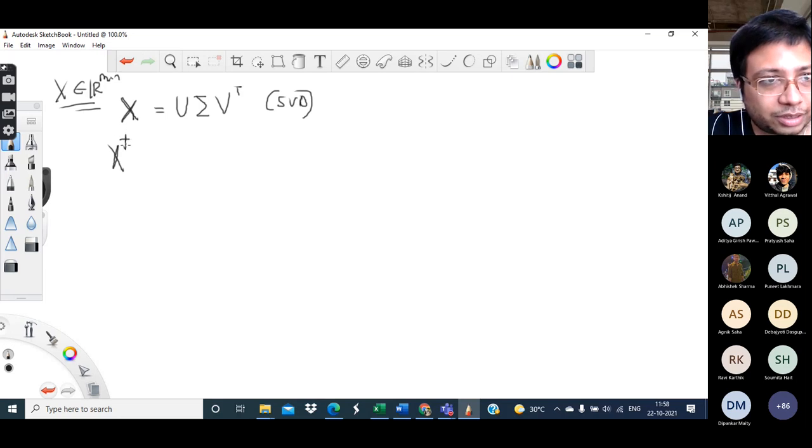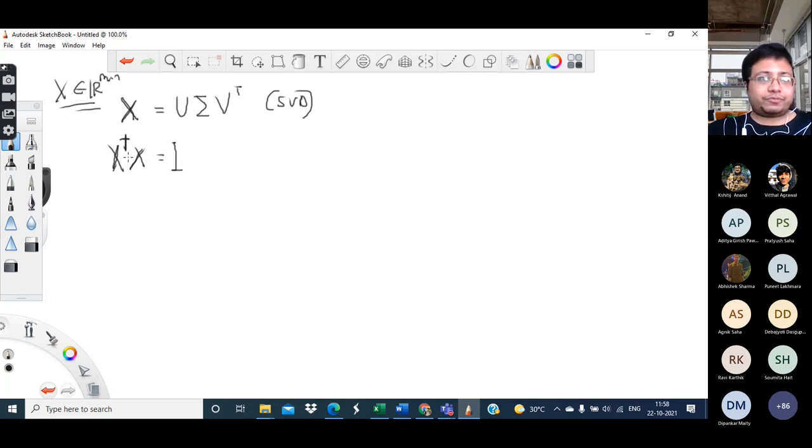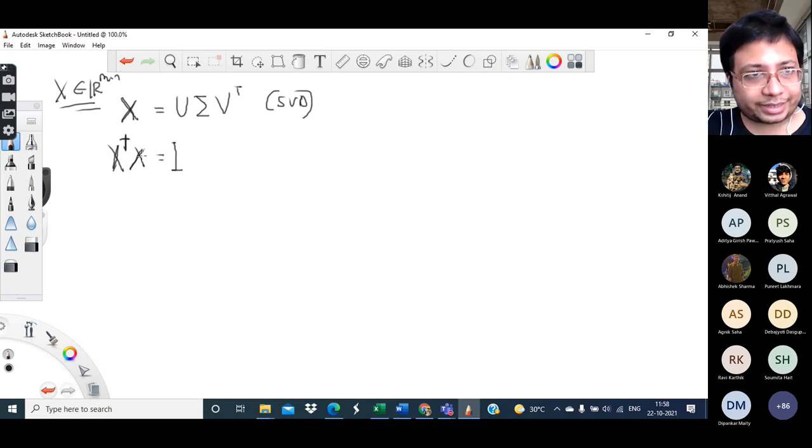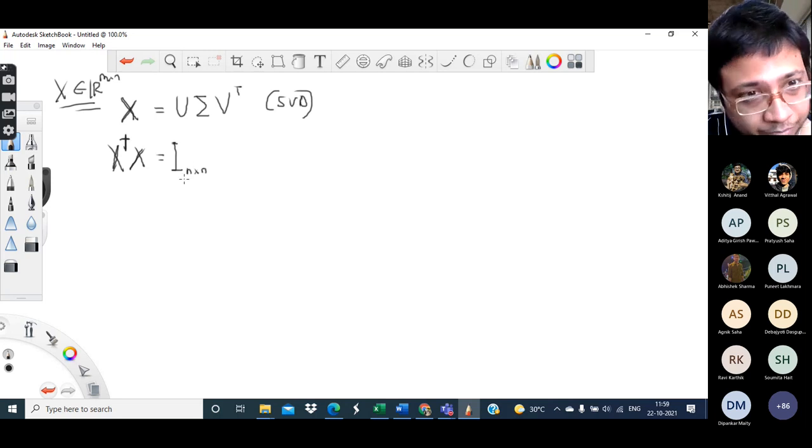What is a pseudo inverse? It is usually denoted by X dagger. It's like saying that if you pre-multiply X by X dagger, then you will get back the identity matrix of the appropriate size, in this case n cross n.